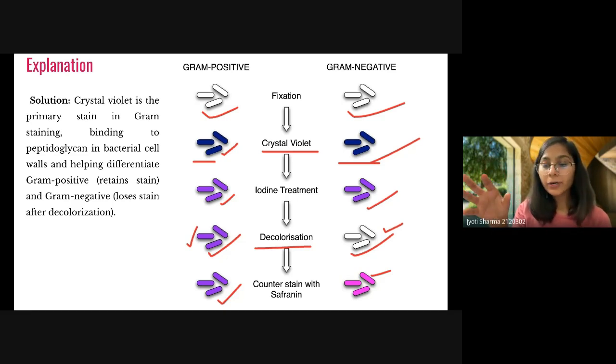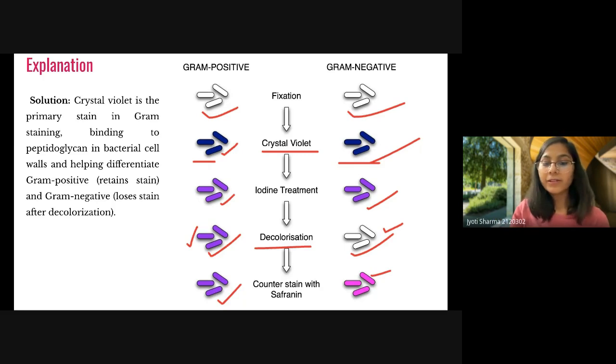We already have talked about the peptidoglycan, right? In gram positive bacteria, we have a thick layer of peptidoglycan, and this peptidoglycan will retain the crystal violet. But in gram negative bacteria, we have a very thin layer of peptidoglycan in the cell wall, and because it is very thin, all of this crystal violet stain will be removed after washing.